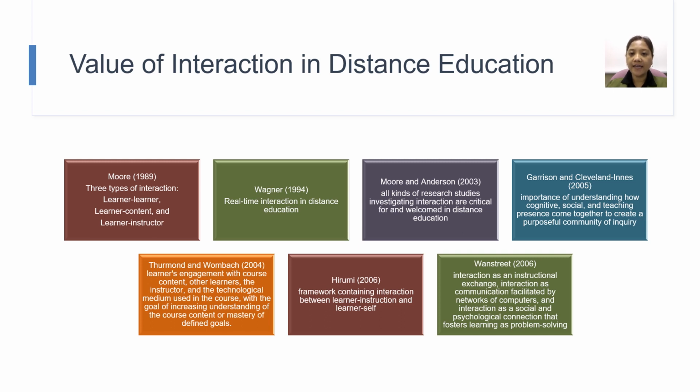Interaction should be designed based on the needs of the learner, and its goal is to increase understanding of the course content or mastery of defined goals. As distance education continues to evolve, interaction will remain a necessary component of its design and implementation.